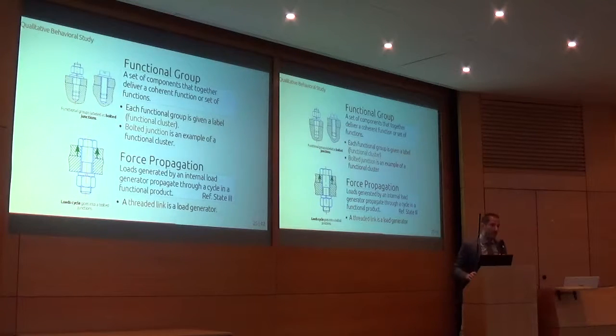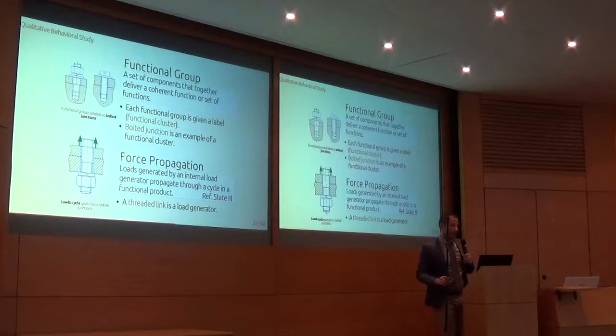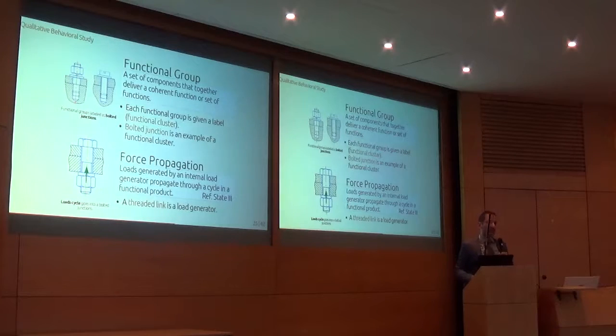Now, a threaded link is an internal force generator, and bolted junctions are characterized by internal load cycles. This leads us to reference state 3, which states that an internal load generated by a load generator propagates inside the product in cyclic paths.